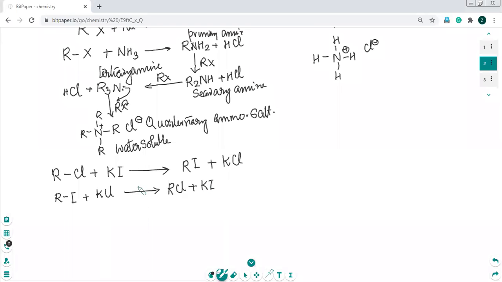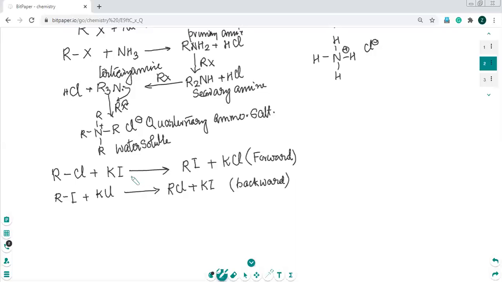Now the question is which reaction will occur? Will the forward reaction occur? This is the backward reaction. This is the forward reaction. Which reaction will occur in equilibrium?